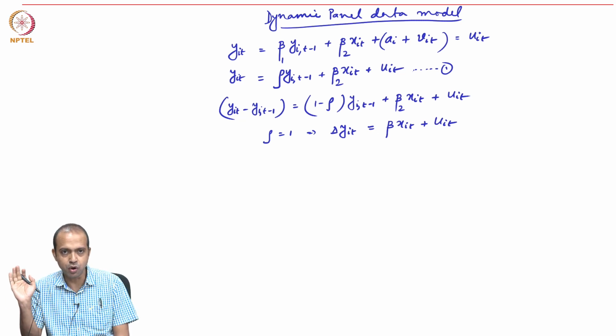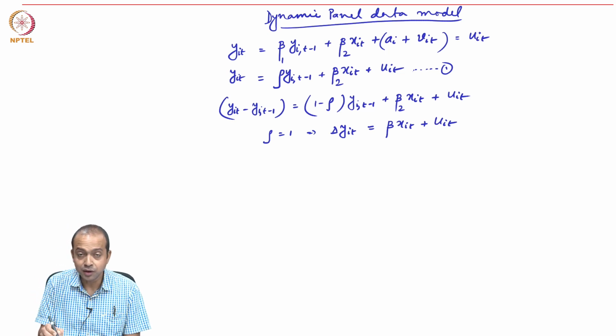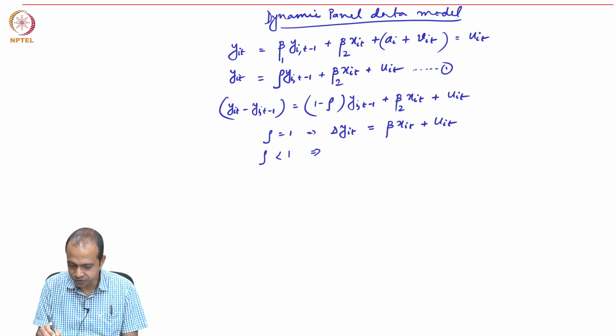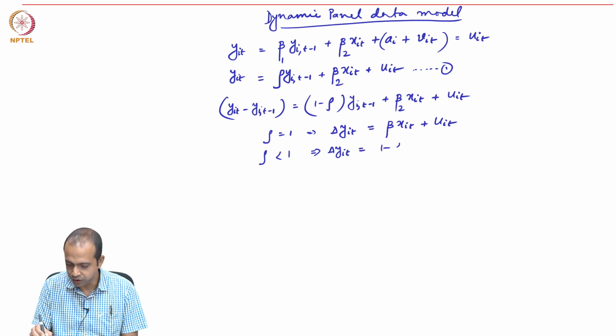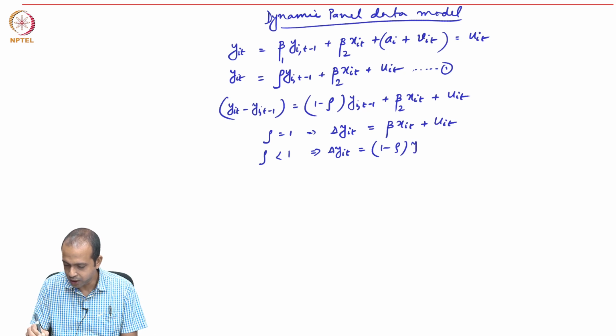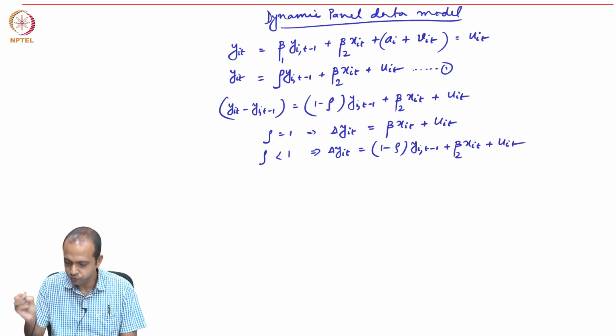So, the dynamism goes off; there is no dynamism in the system. If we want to have dynamism in the system, then the value of rho should be less than 1, and that implies this model is delta Y_it equals (1 minus rho) Y_i,t-1 plus beta 2 X_it plus u_it, right.